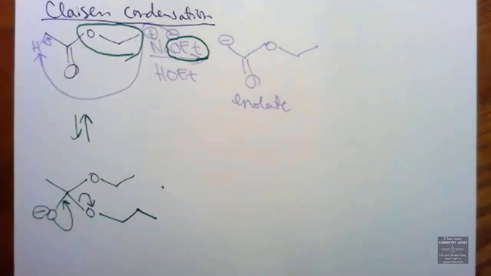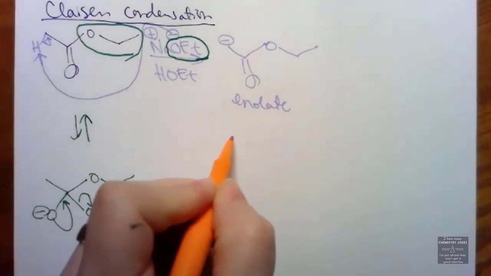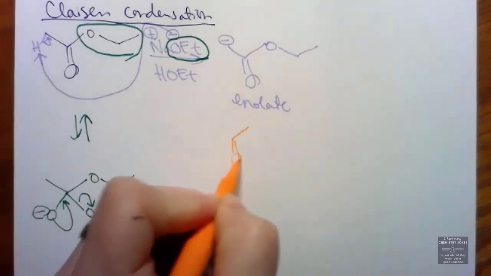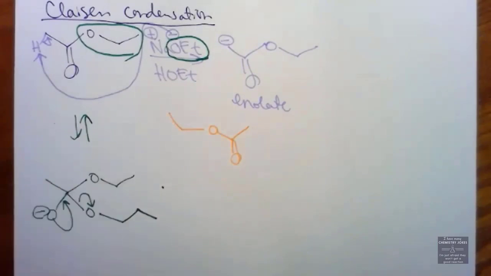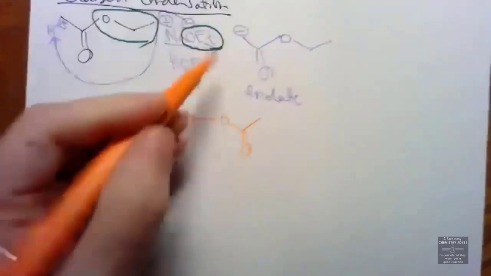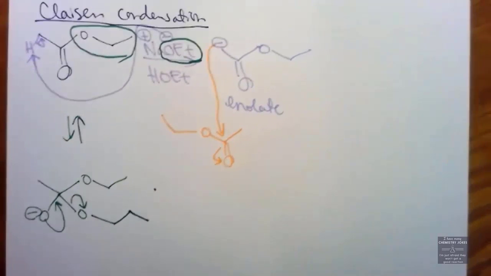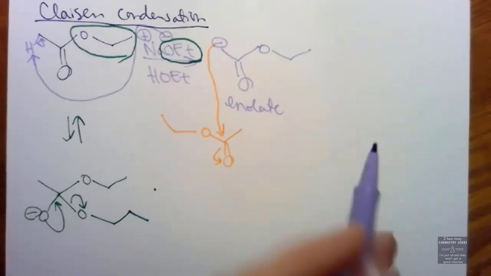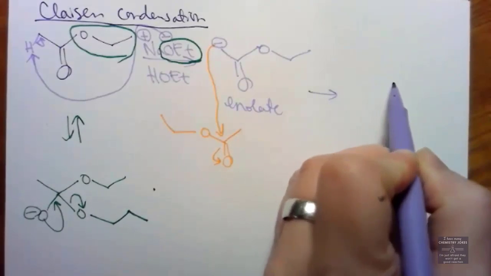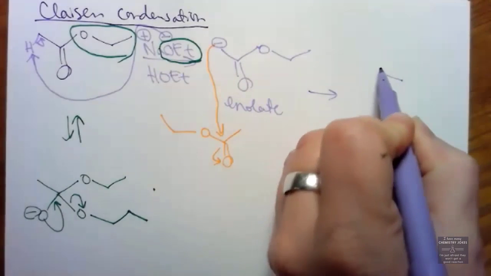Okay. Claisen is very similar to aldol in that after you make an enolate, you attack the carbonyl carbon of another ester that's in solution. There's lots of ethyl ester in solution that has not turned into enolate.